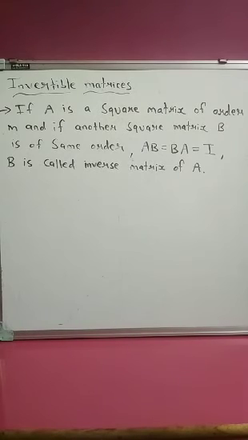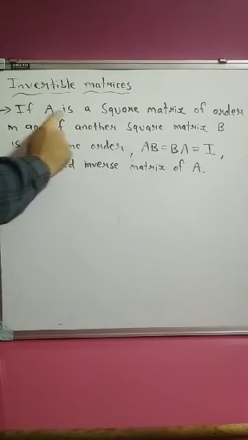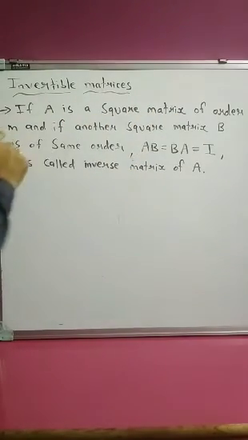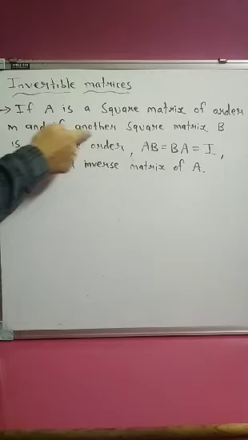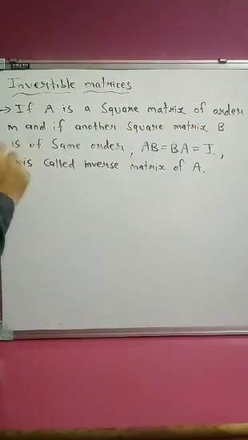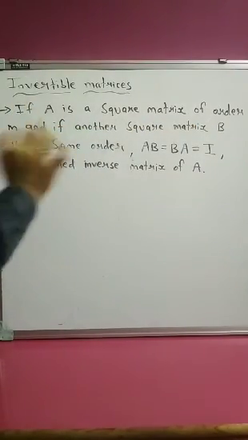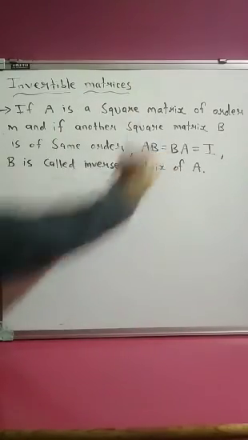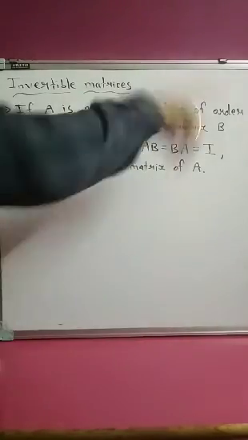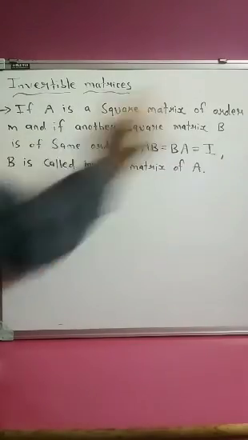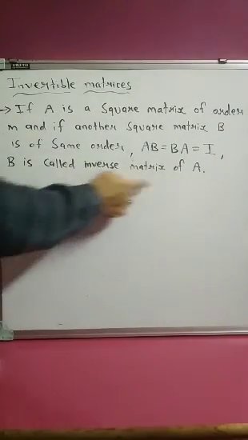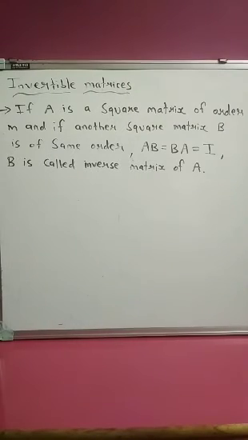Now let us consider that there is one matrix A. It is a square matrix and its order is M. If A is a square matrix of order M, and if another square matrix B is of the same order, that is M only, and if you find AB and BA, and both answers are the identity matrix, then B is called the inverse matrix of A. How? Let us take one example.